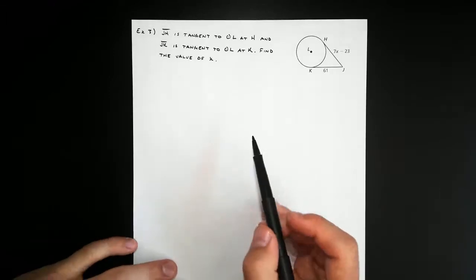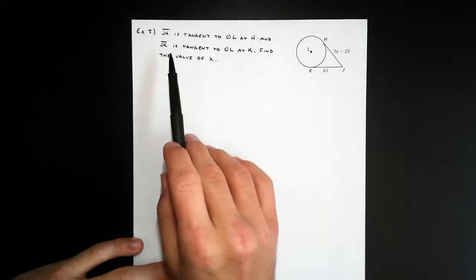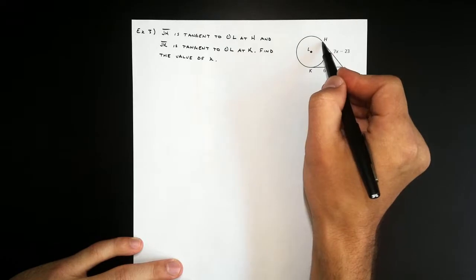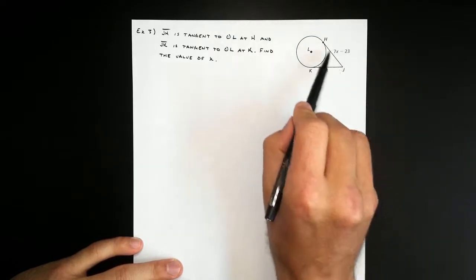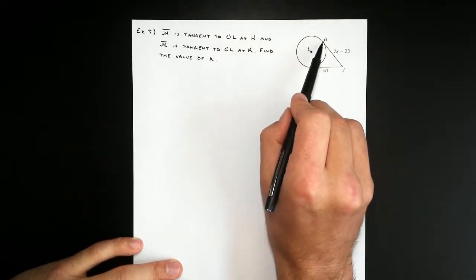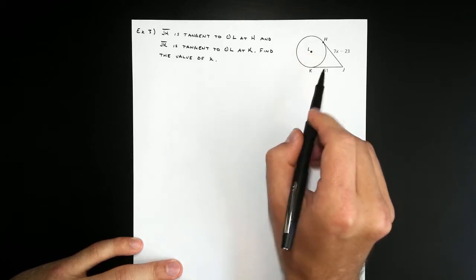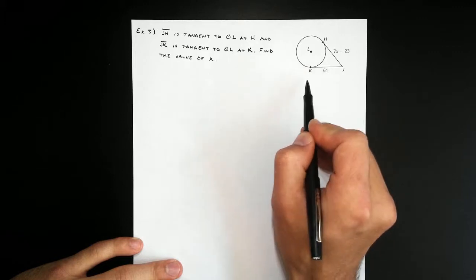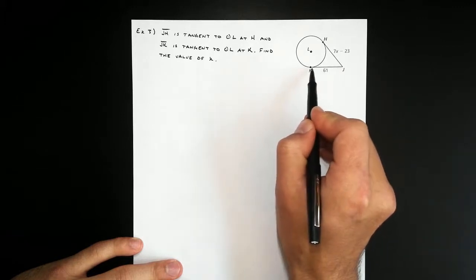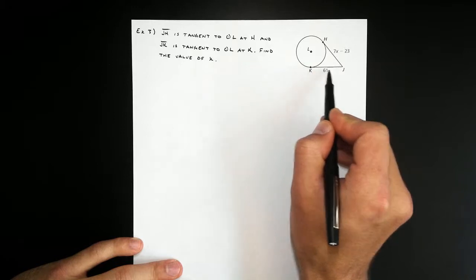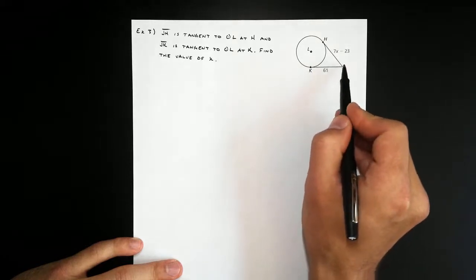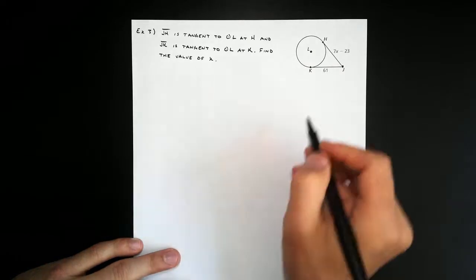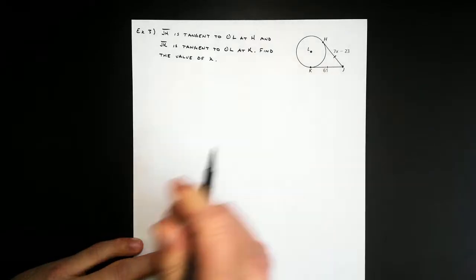So if I look at this example and we take a look at the information that's given to us, it says JH is tangent at point H. So this segment touches a circle in exactly one spot here at H. And it tells us that JK is tangent at K. Okay, so that segment touches at exactly one spot here. Since they're both tangents and they share this common external point of J, these two segments have to have the same length.